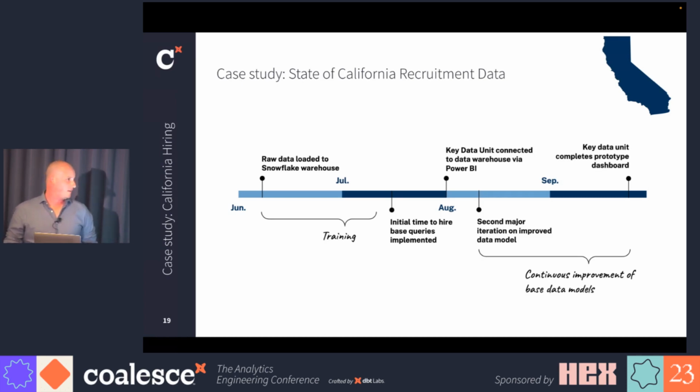And then we had a prototype suite of Power BI dashboards deployed internally within the state within basically 3 months and change of kicking off the project. And so for a team that was just being introduced to these new workflows, we felt that was a really compelling story.